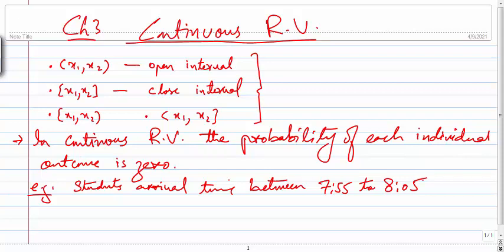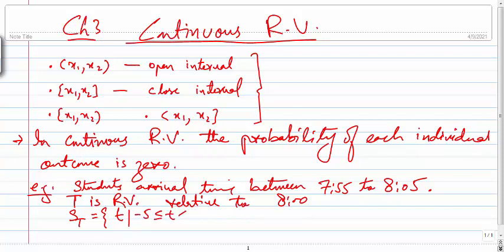Now if we say t is a random variable related to 8, we say that the range of t is such that -5 <= t <= 5.